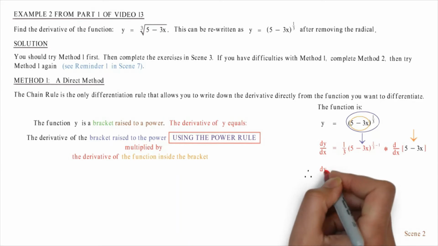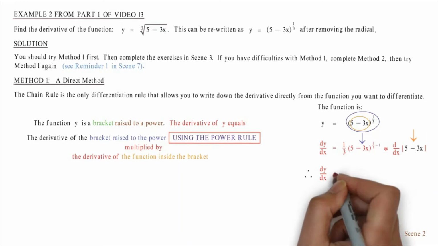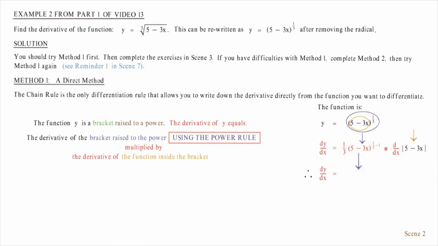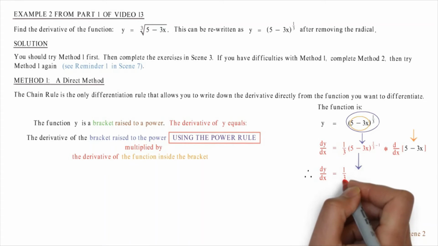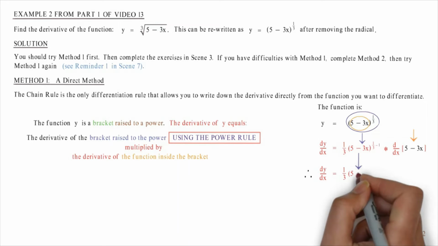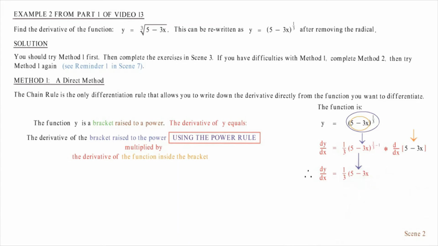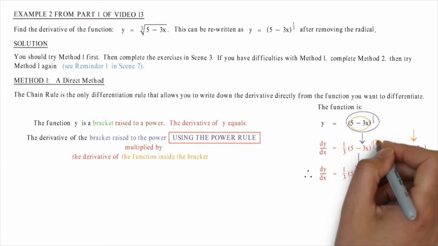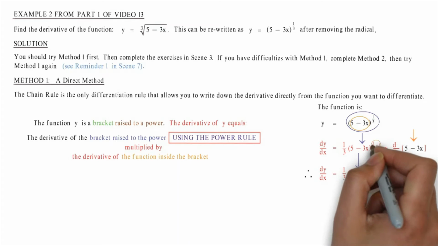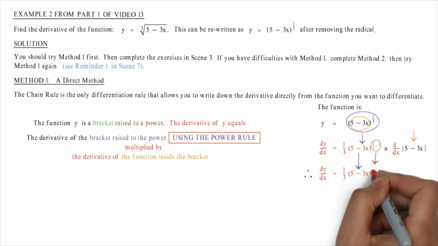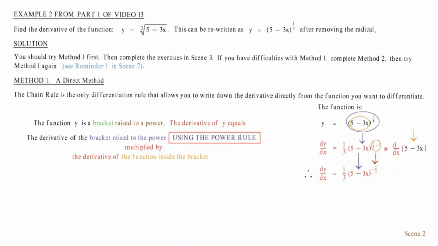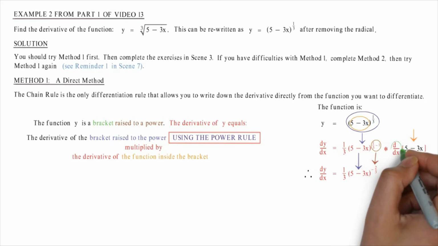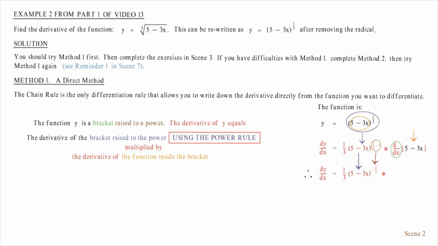Therefore, dy by dx equals, bring down 1/3, of (5 minus 3x) to the 1/3 minus 1, which is minus 2/3, times d by dx of 5 minus 3x, which is minus 3.